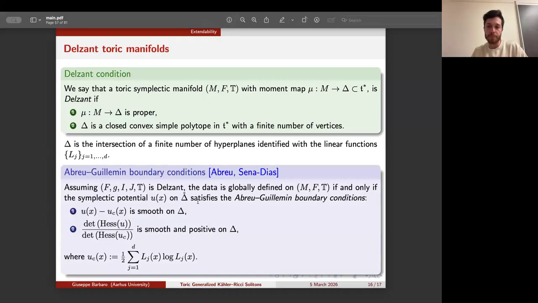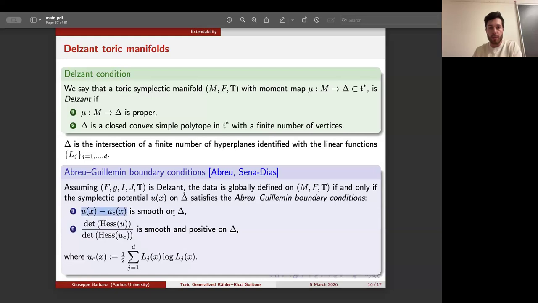So we know that the Kähler structure can be extended to the whole manifold if it satisfies the Abreu-Guillemin condition. For what we saw before, this means that the generalized Kähler structure can be extended if the potential U satisfies the Abreu-Guillemin conditions. And these are precisely the ones I put here.